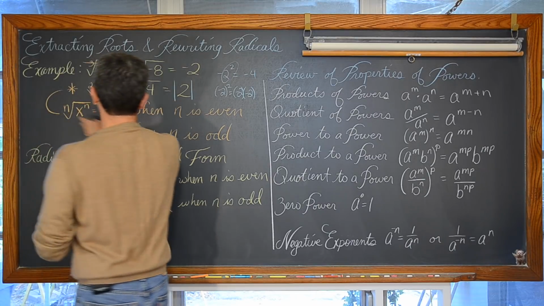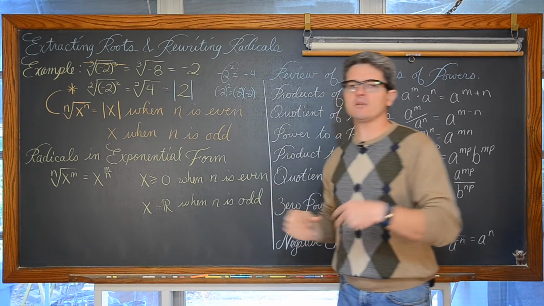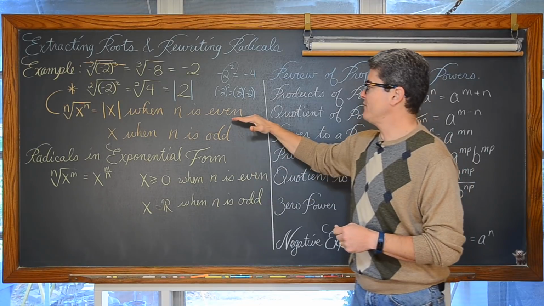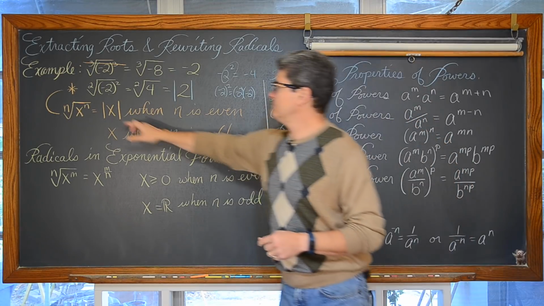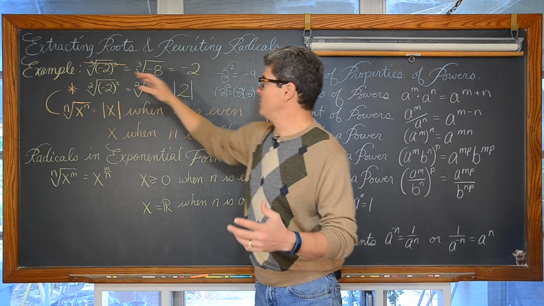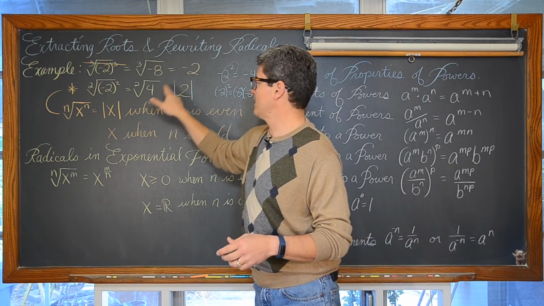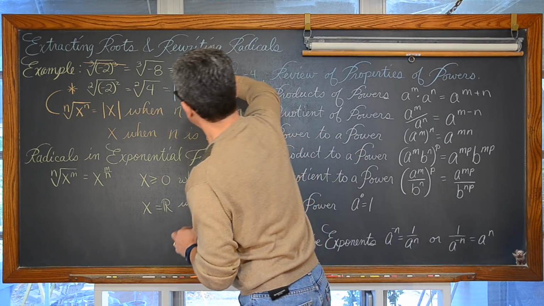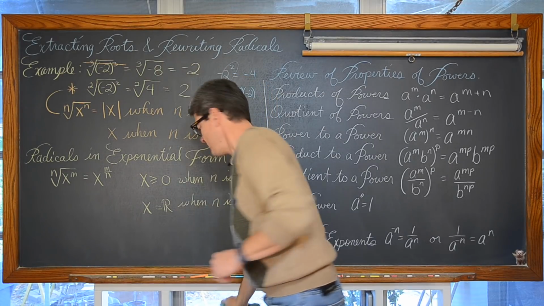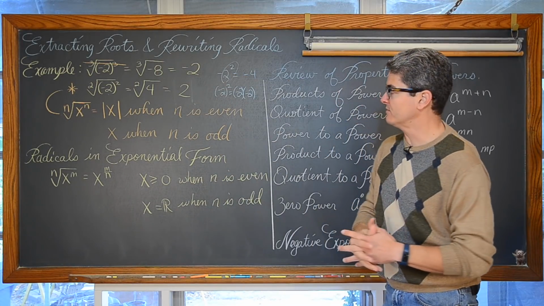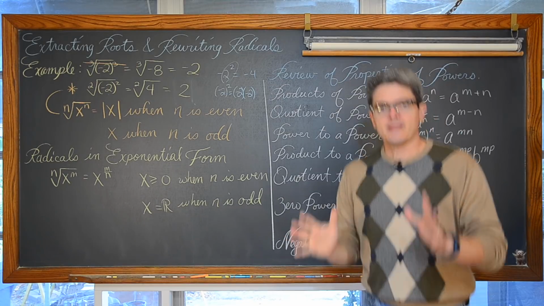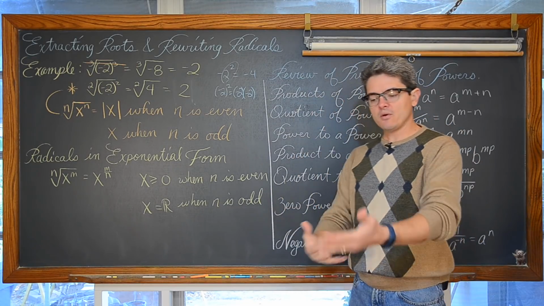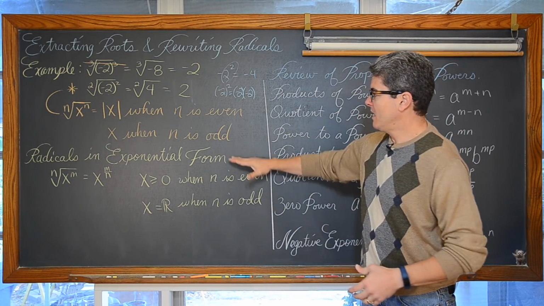But if n is even, not necessarily just a power of 2, then as you see here, we started with -2, we ended with +2, and really the absolute value should be in here. It acts as an absolute value symbol. It's going to give you that same number, but it's going to make it positive. So that'll be something we need to think about as we go through our 6 examples.